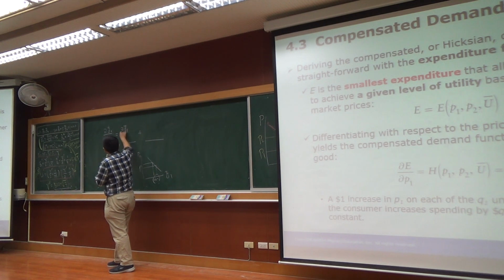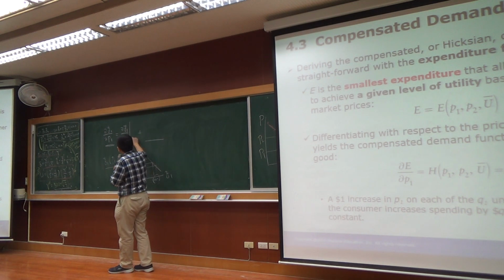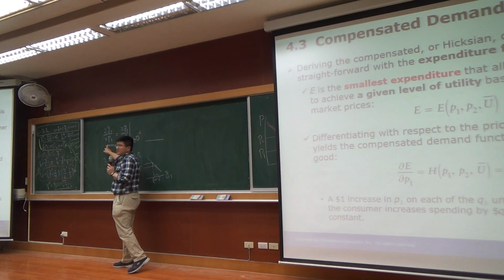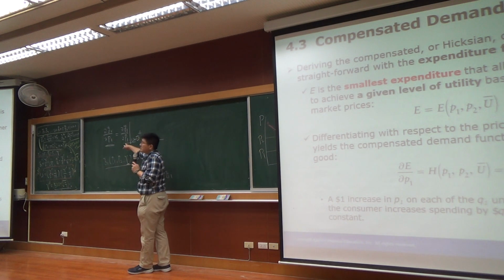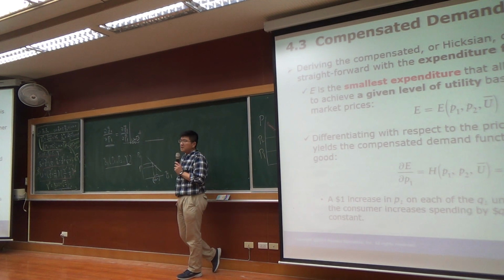The same Q1 and the same P1, but this would be conditional on the utility being set at some fixed level. This is unconditioned, right? We do not condition this term by anything, but we condition this term using this. So the utility level will remain at U bar. Is that clear?